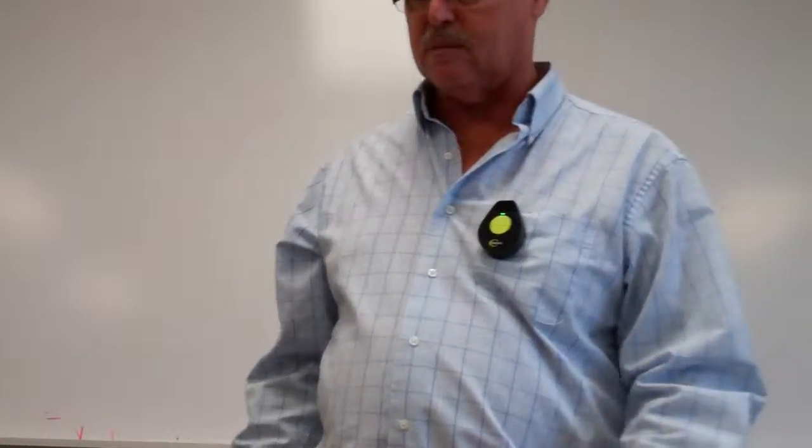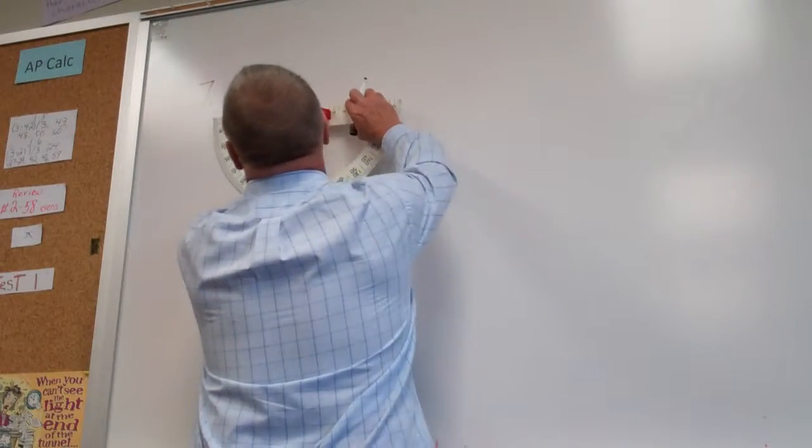Have their books open to page 46 already. And it says construct XY congruent to AB. So the first thing we need is a segment AB.